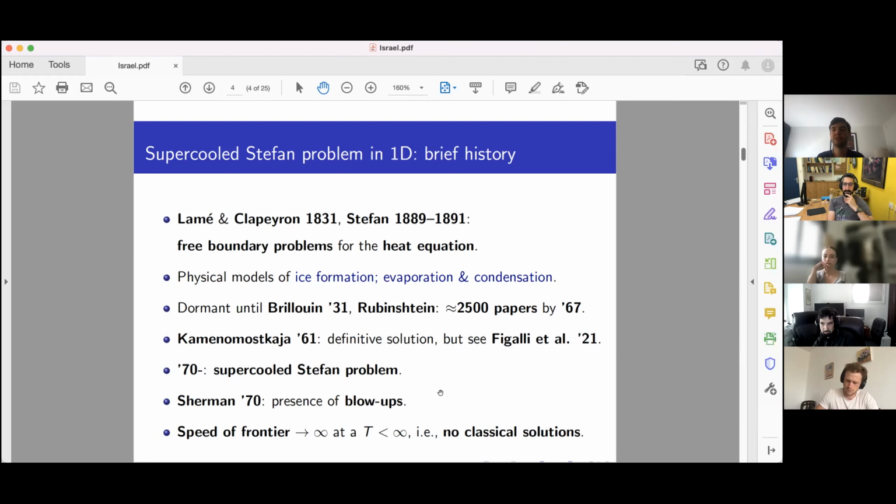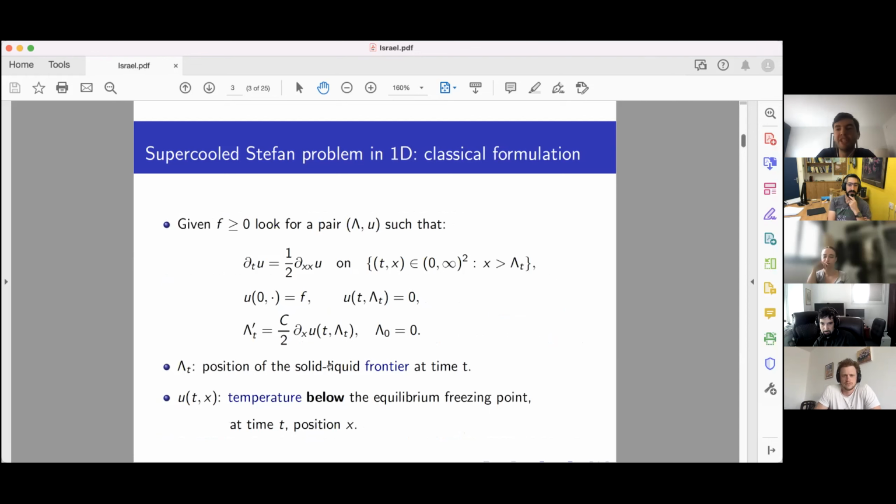Sorry, what's the difference between the regular problem and the supercooled problem? The difference is just one sign. In the last equation, the equation for lambda prime, the constant c that you see there would be negative in the regular problem, and for us, c will be positive.